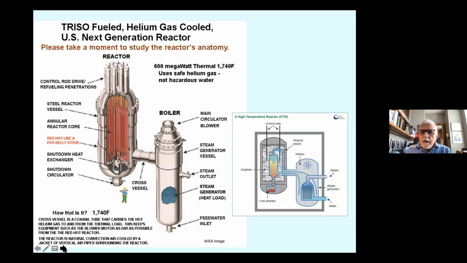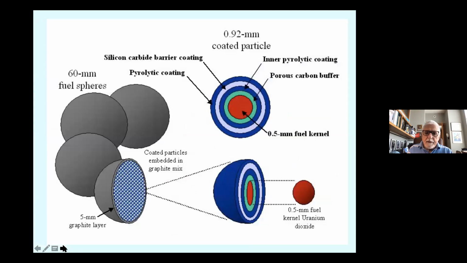This one happens to be a helium-cooled gas reactor, and it's using TRISO fuel. The fuel can be shown on the right-hand side here. The fuel can be constantly passing through here, and as it's used up, it's discarded out of the reactor. And this is what they look like. On the bottom right here, you have a kernel, which is carbon, oxide, and uranium, and that's inside multiple layers of silicon carbide that protect it.